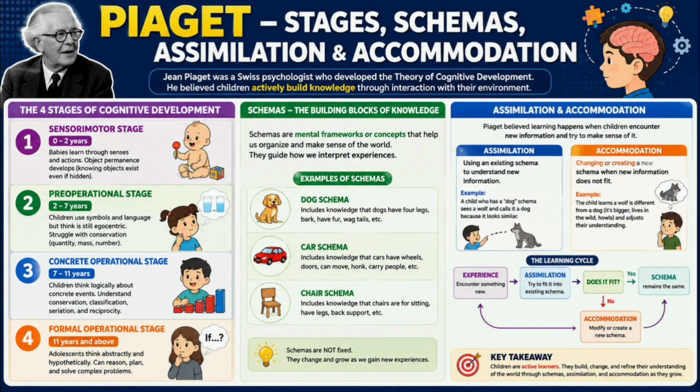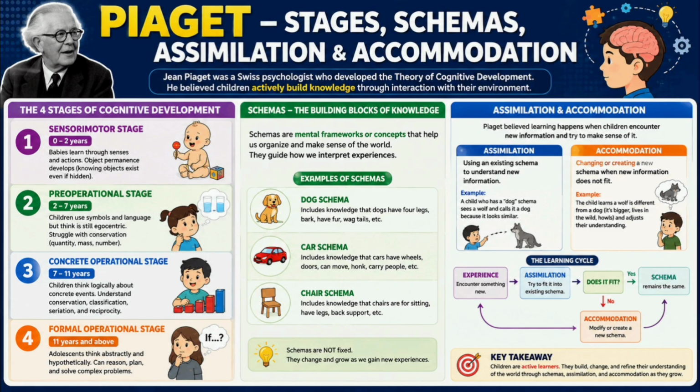Equilibration. Another important Piaget concept is equilibration. Equilibration refers to the process through which a learner tries to achieve a balance between existing knowledge and new experiences. When new information does not fit an existing schema, the child experiences a kind of cognitive imbalance or disequilibrium.